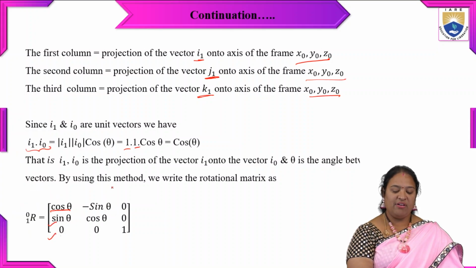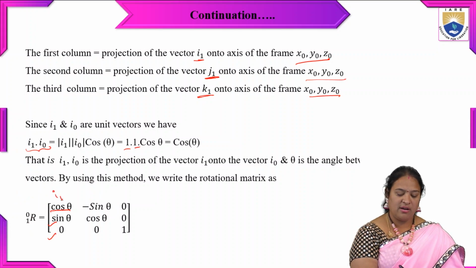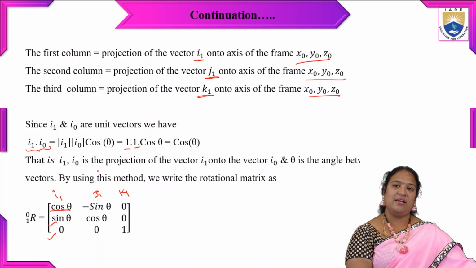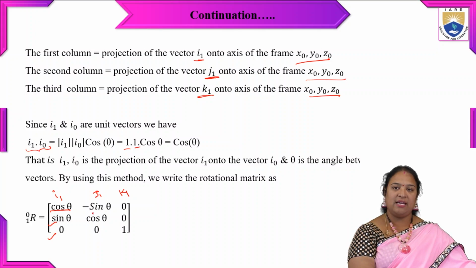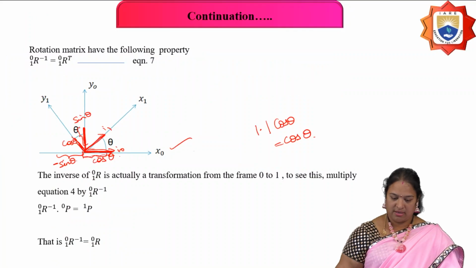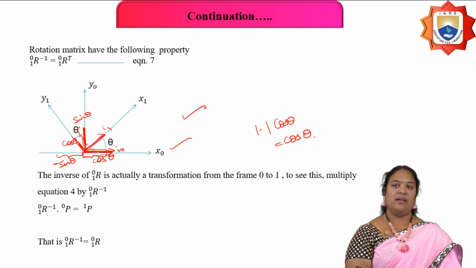In the same way, for the next vector, this is for I1, this is for J1, and this is for K1. So, column 3 is for K1. When we are considering the calculation for the unit vector J1, we will be getting minus sin theta, cos theta and 0. For the unit vector K1, we will be getting 0, 0 and 1. This is how the rotational matrix is written as per this particular diagram.